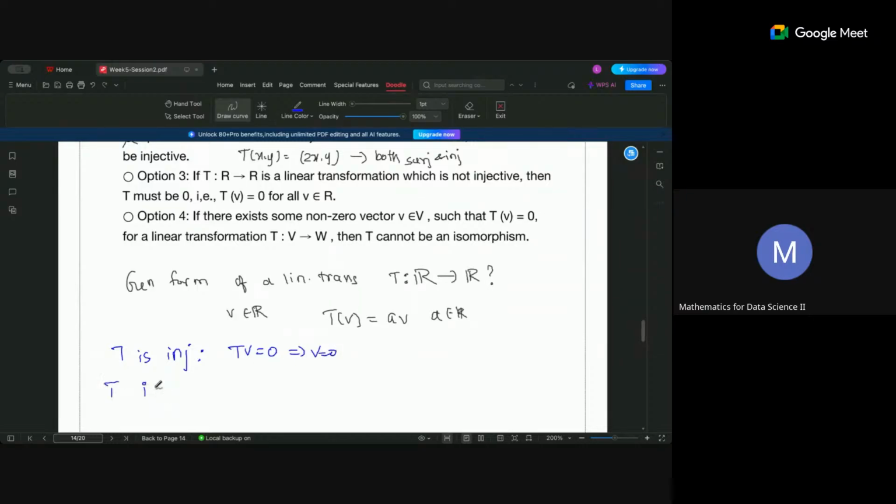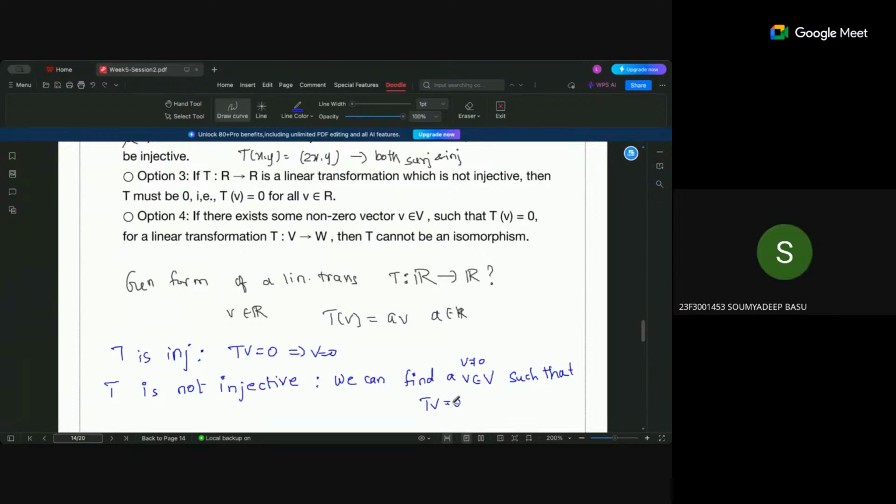Now T is not injective, so we can find a non-zero v in V such that T v equal to 0.